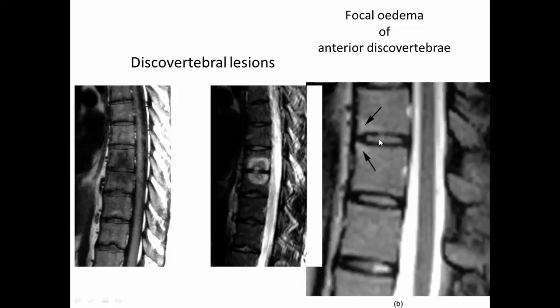It can be due to focal edema of the anterior discovertebral region. So focal edema of the anterior part of the discovertebral junction is part of the disease in ankylosing spondylitis.